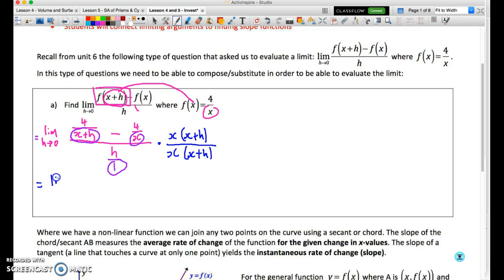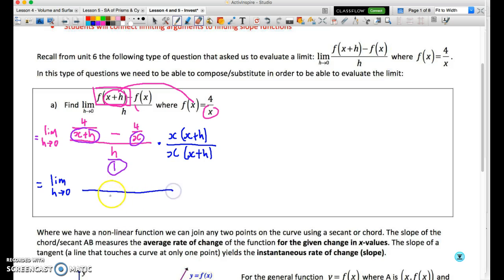Okay, and so now I'm going to move to the next line, the limit as h approaches 0, and what I'm doing is distributing the numerator to the top of our complex fraction and the denominator to the bottom of our complex fraction. Actually, let me just give myself a little more space over there.